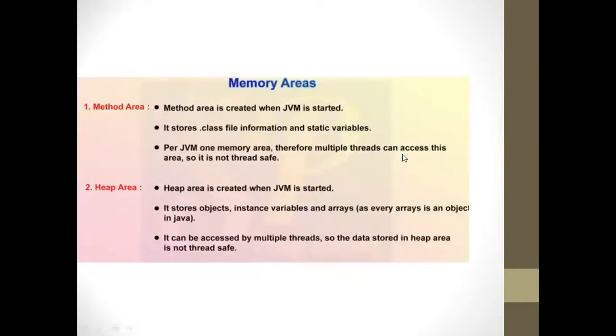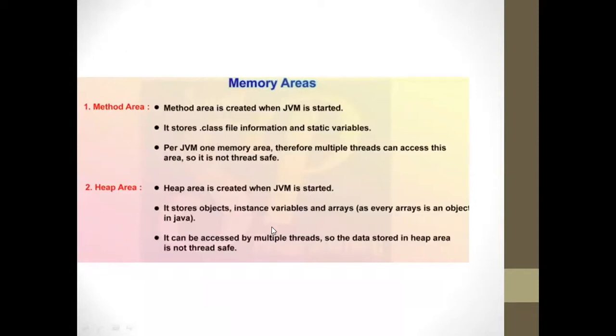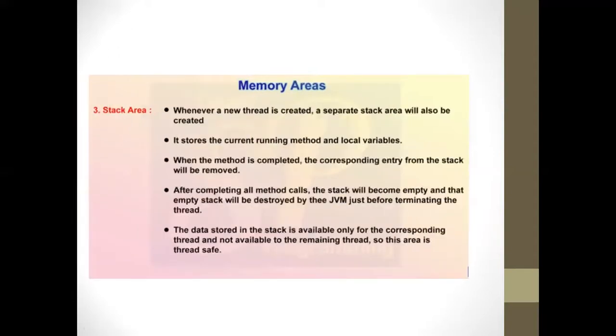When a method is completed, the corresponding entry is removed from the stack. After all the method calls are completed, the stack becomes empty, and that empty stack is destroyed by the JVM. This is the main purpose of the stack area.